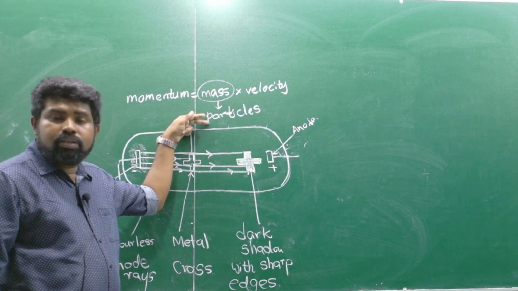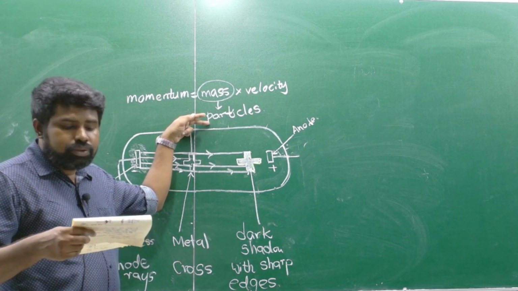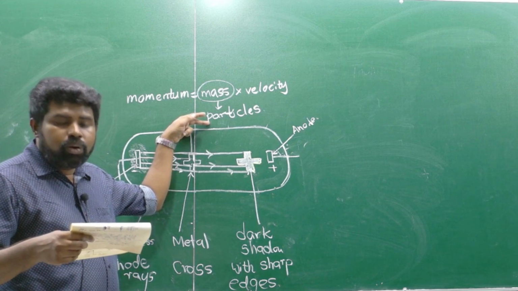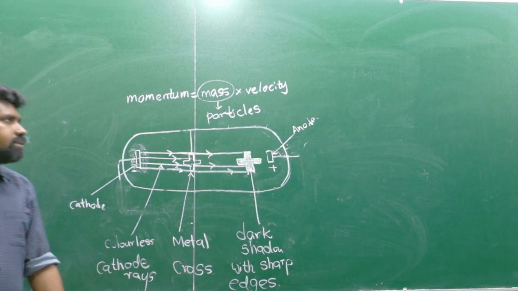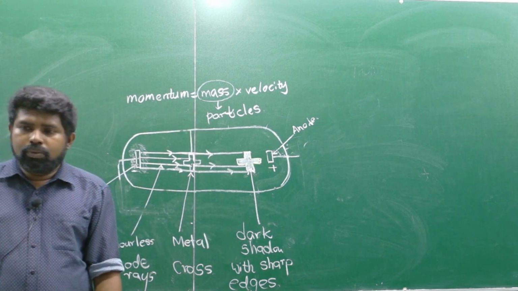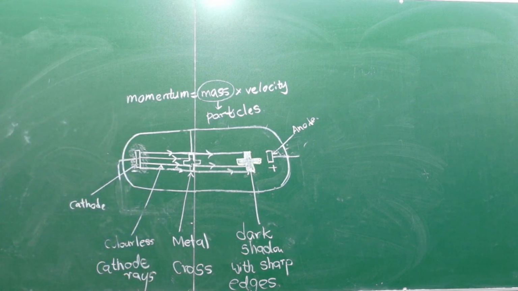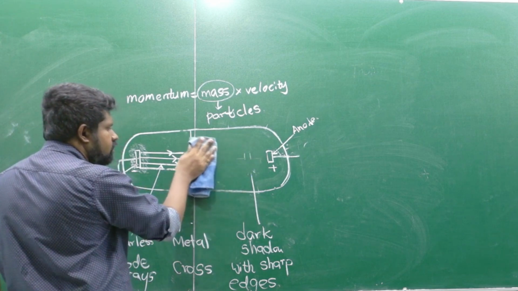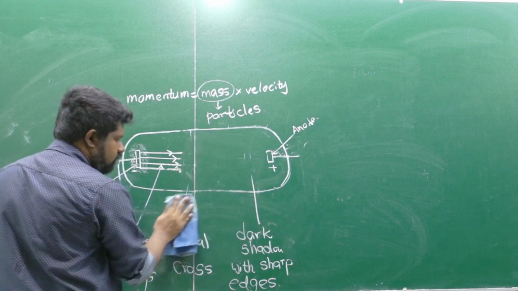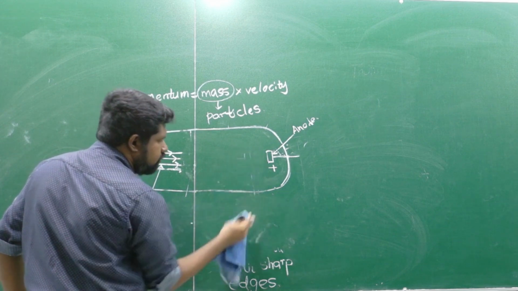Let us see how Thomson found this. First of all, you wrote: do the cathode rays have a momentum or a particle nature? Let us see what he did in this experiment. I will erase this, so no dark shadow here.